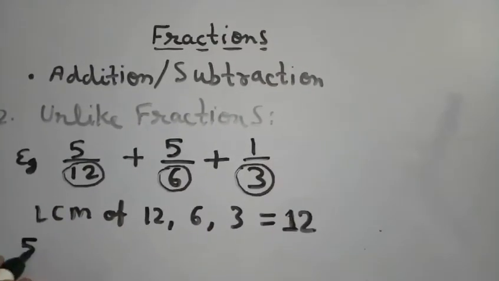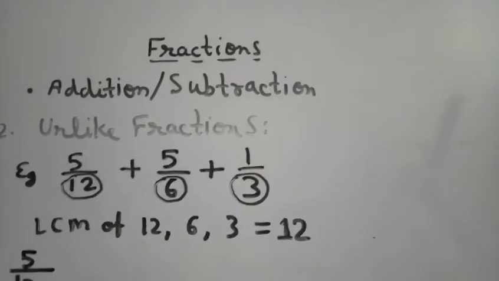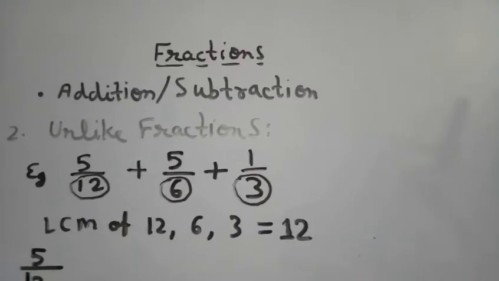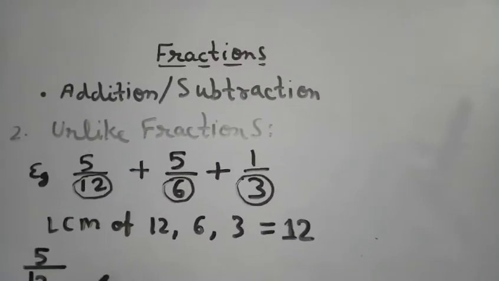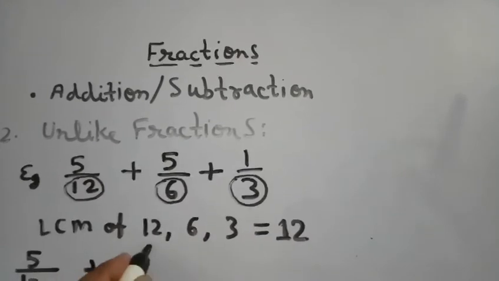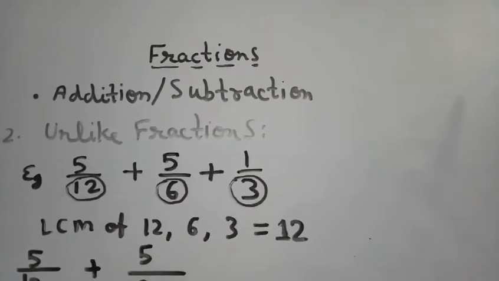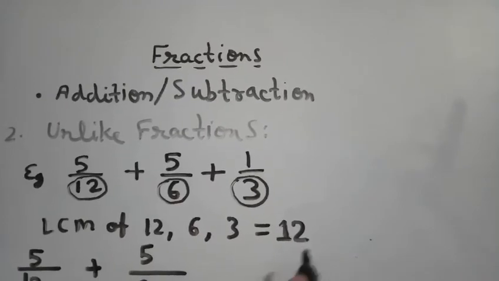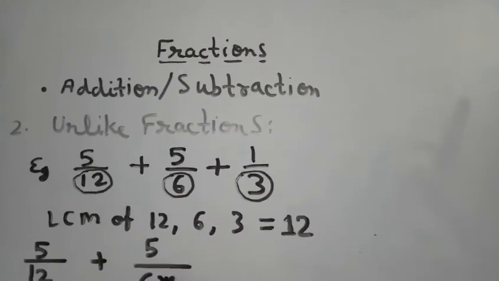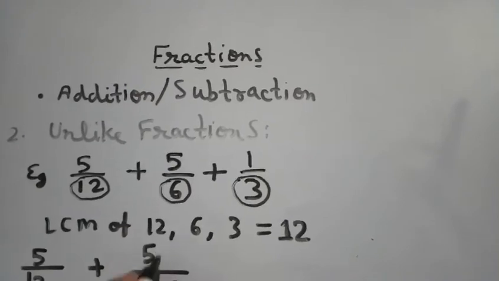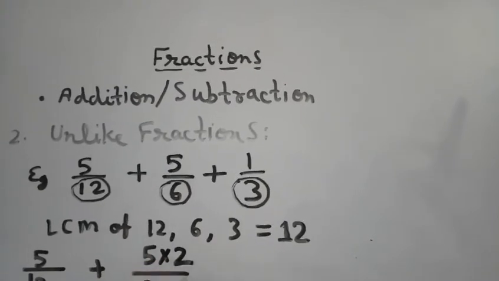For 5 over 12, the denominator already matches, so no need to multiply with any number. For 5 upon 6, by what number should 6 be multiplied to become 12? 6 2s are 12, so multiply the numerator by 2 as well.